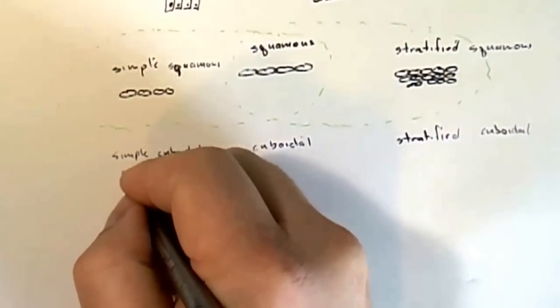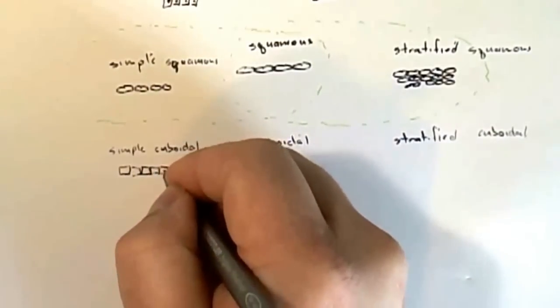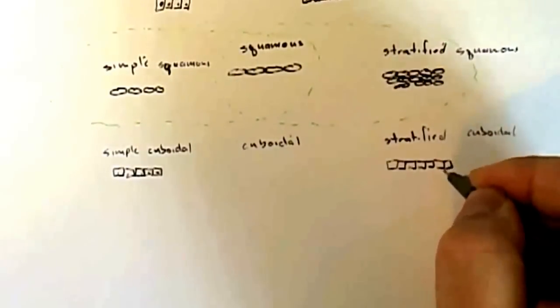And just in cartoon form, simple cuboidal would be a single layer of cuboidal cells, and those would be the nuclei. Stratified cuboidal, you would have layers of cuboidal cells.